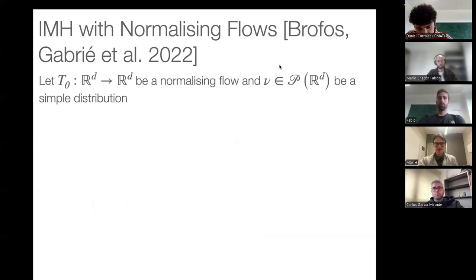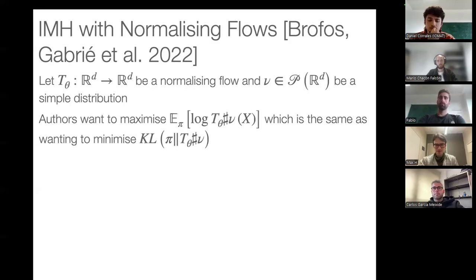Now we're in the normalizing flow regime, so we let T of theta be a normalizing flow and nu be a simple distribution. The authors want to maximize the expectation under the target of the log density of the push-forward of the simple distribution through the normalizing flow, which we can see as a variational distribution.